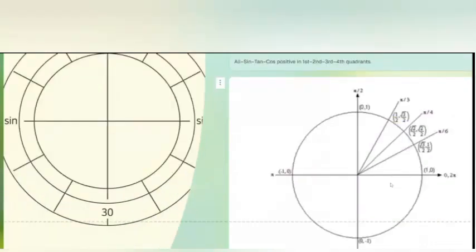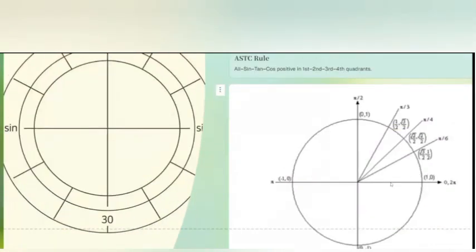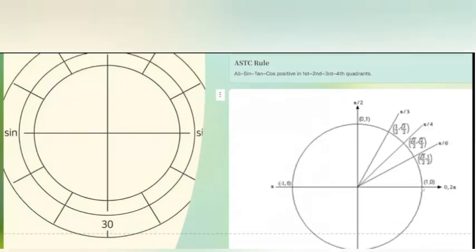Now, in the second quadrant, which is S, sine, from here to here, it means that only the sine function is positive and every other one is negative in that second quadrant. The third quadrant is tan. It means that in this third quadrant, any other trigonometric function is going to be negative, but if you are doing tan, any angle in this quadrant gives you a positive answer.